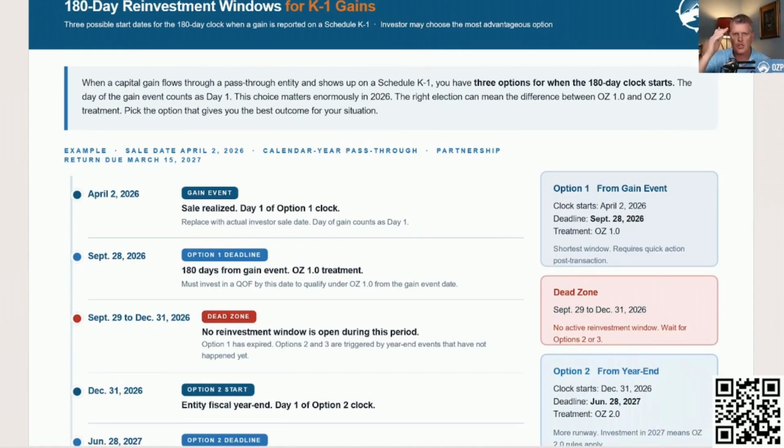And it walks through the specific dates about when you had your gain, and if it's coming through a partnership or an S corp via a K1, then you get to choose when you want that date to start.